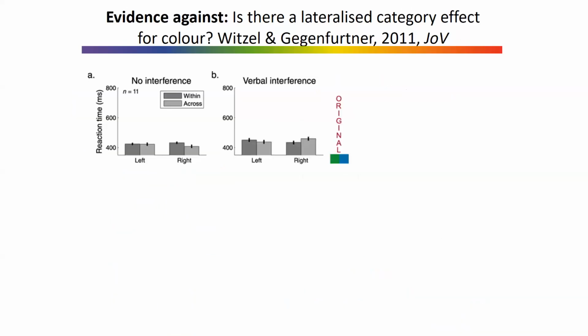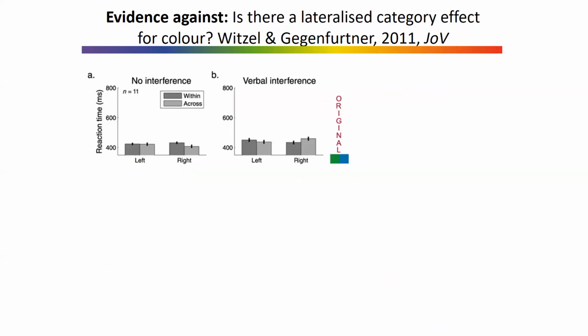So Witzel and Gegenfurtner revisited these studies. So here you can see I've just replotted the results you've seen before. They are replotted with the y-axis a bit different, because when Witzel and Gegenfurtner actually tried to replicate these findings, they are more of a color vision lab rather than a cognition lab or a language lab.